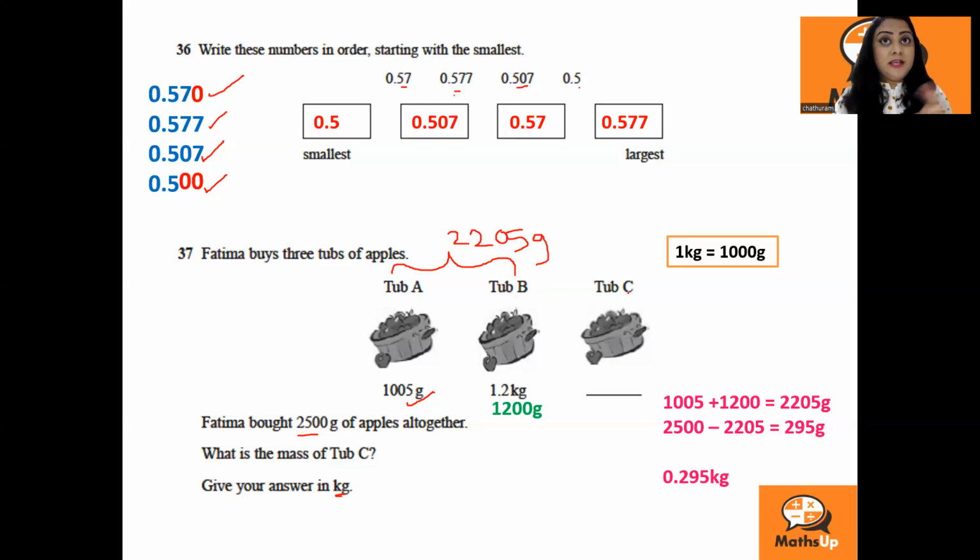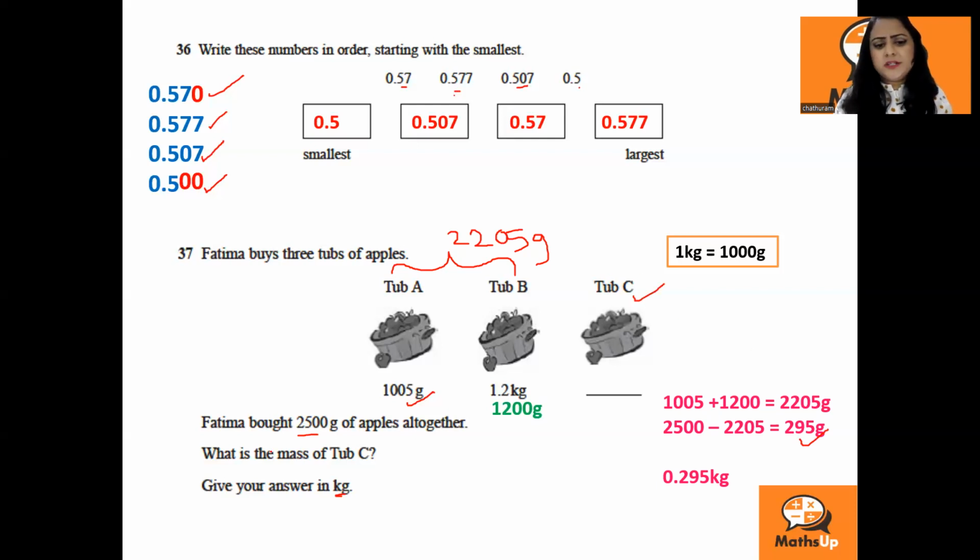So the next thing you have to do is get the difference between 2,500 and the mass of tub A and tub B, that is 2,205. So if you get the difference between 2,500 and 2,205, the answer is 295 grams. So that is the mass of tub C.